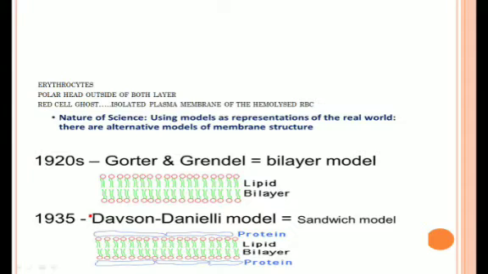Lipid bilayer means one layer of lipid is on the upper side and another is on the lower side, and its structure is just like this, with one head and two tails. The same structure is also on the other side, and this structure was first proposed by Gorter and Grendel in the 1920s.